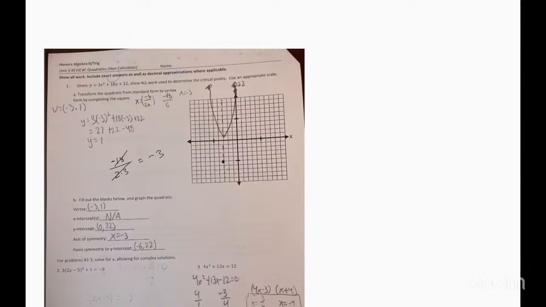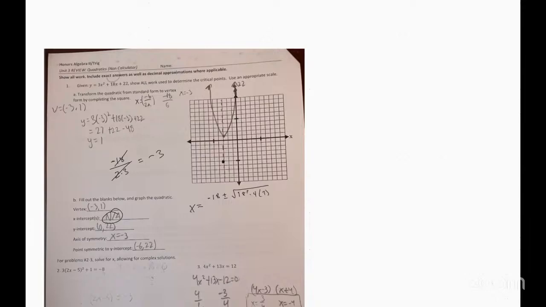The x-intercepts do exist because if you used the quadratic formula, remember, your x-intercepts you can find using negative b plus or minus the square root of b squared minus 4ac, all over 2a.